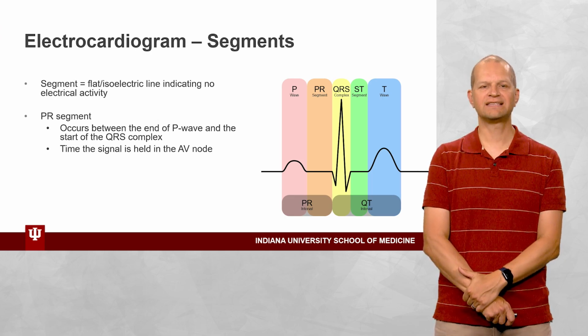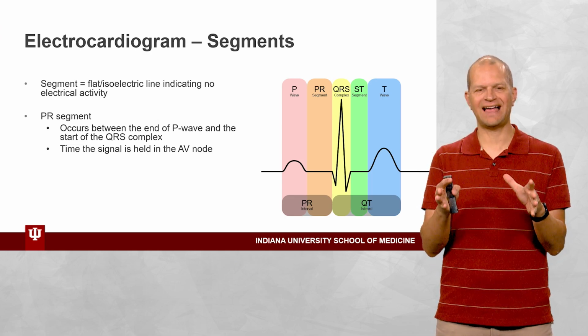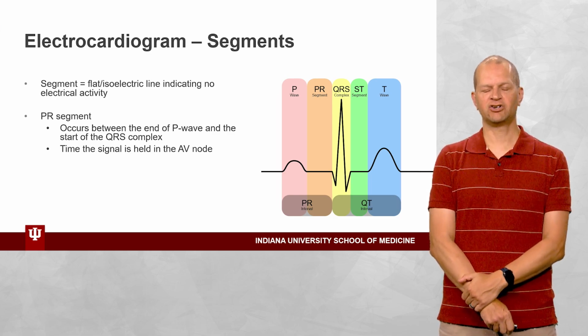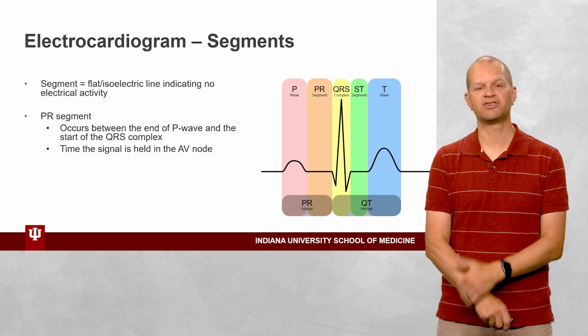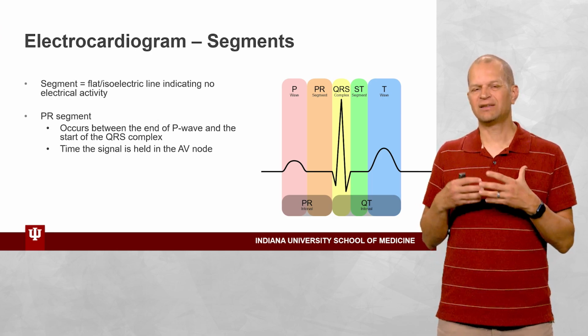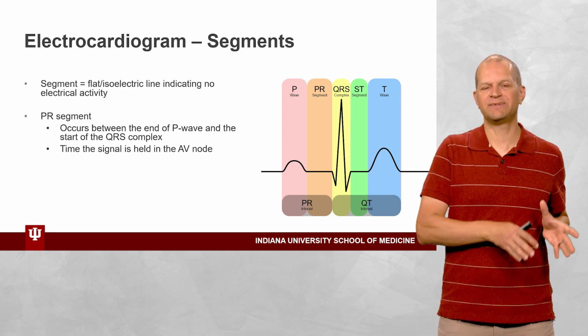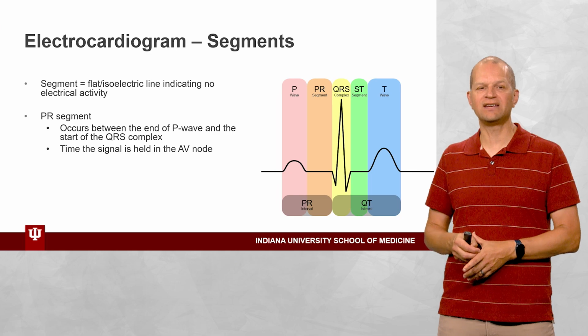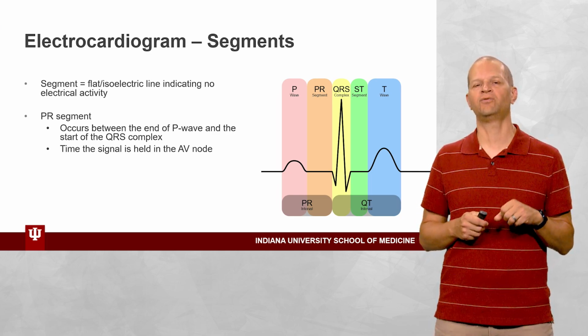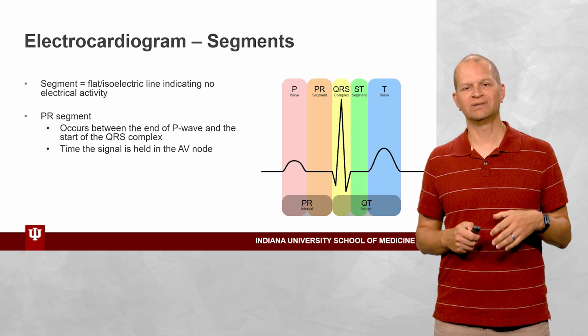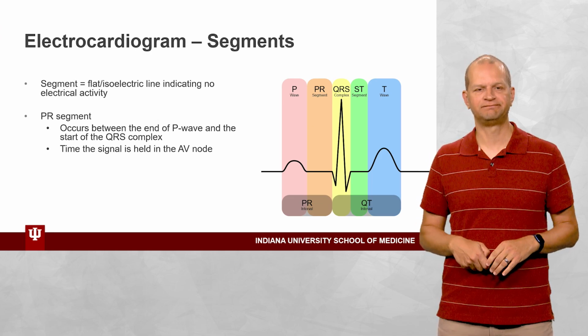Now the PR segment, remember, that's just the flat part. This occurs between the end of the P wave and the start of the Q wave, or the start of the QRS complex. Basically what's going on here is a signal has been sent from the SA node to the AV node, but nothing's happening because the AV node holds on to that signal for a short period of time to allow the ventricles to top off.